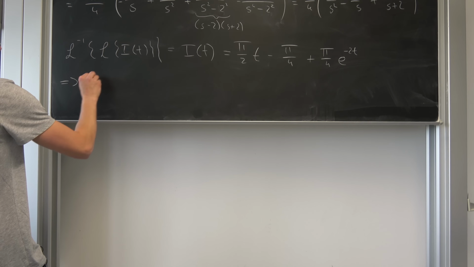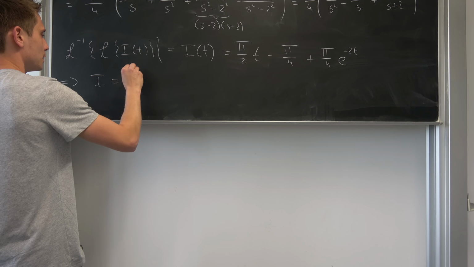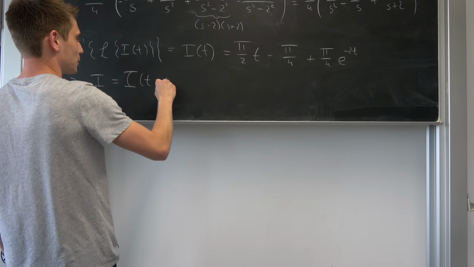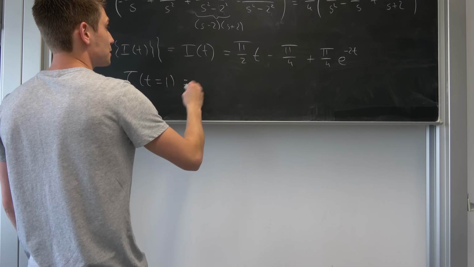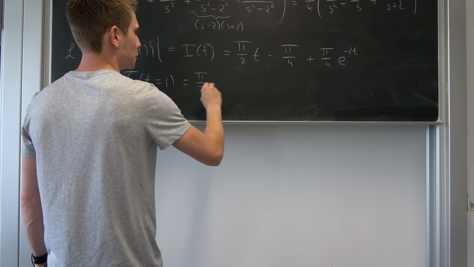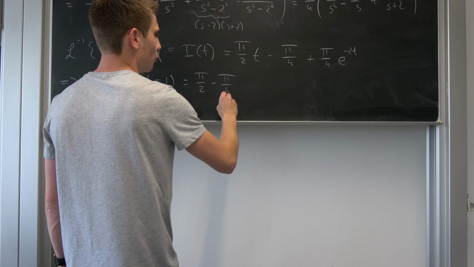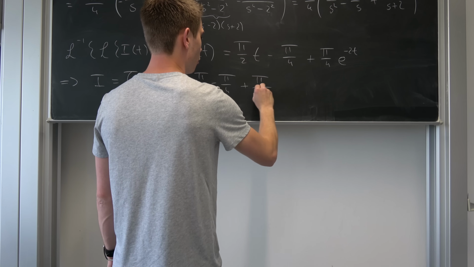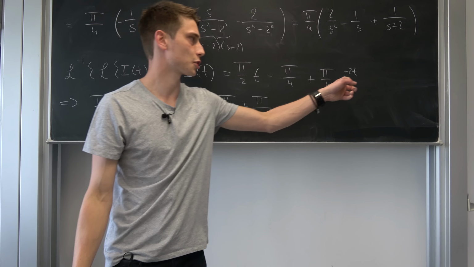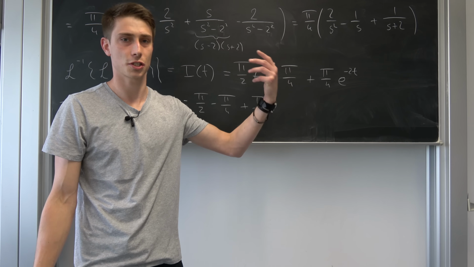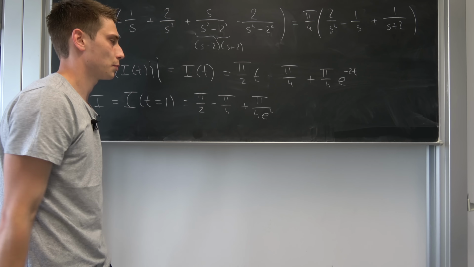So the solution to our I is just I in terms of t equals 1. And this is now pi over 2 minus pi over 4 plus pi over 4 times e to the minus 2, because t is just 1. e to the minus 2 is just 1 over e to the second power.